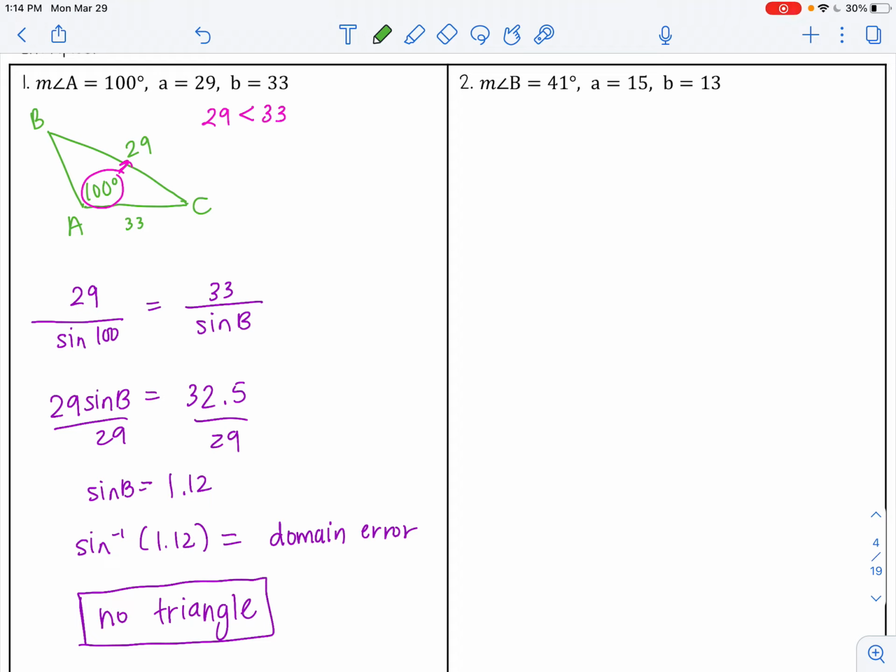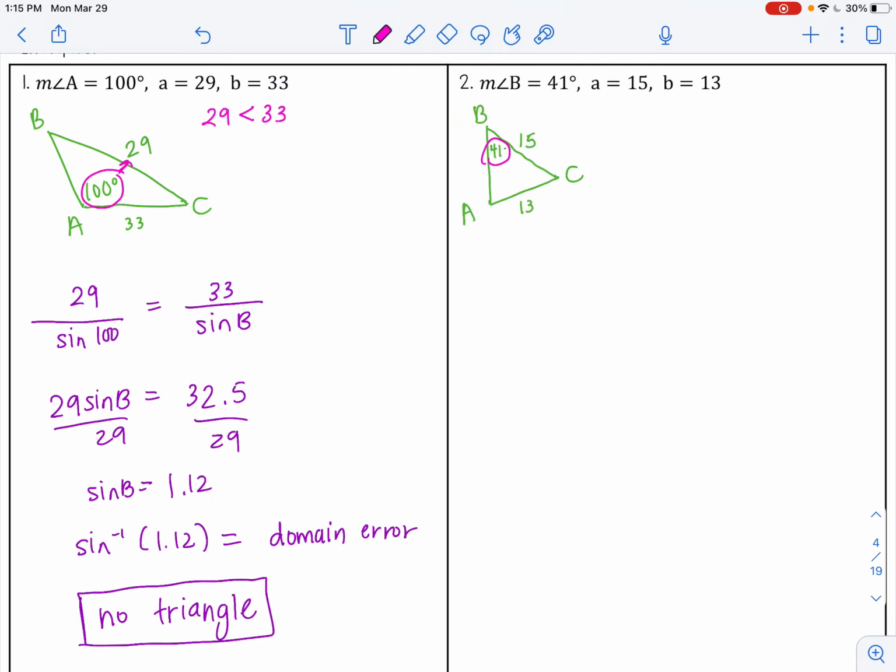All right, let's try number 2. So I'm going to draw this the best I can. All right. So I am going to set up, first of all, let's see.